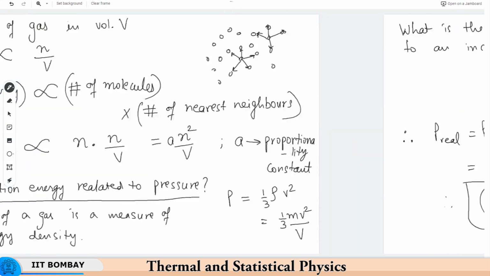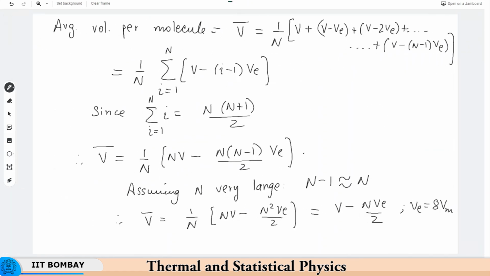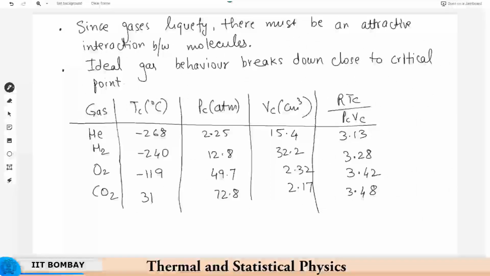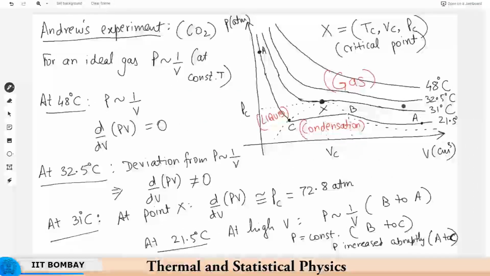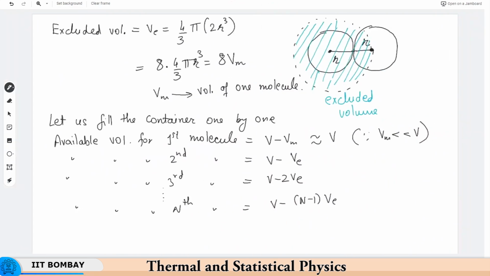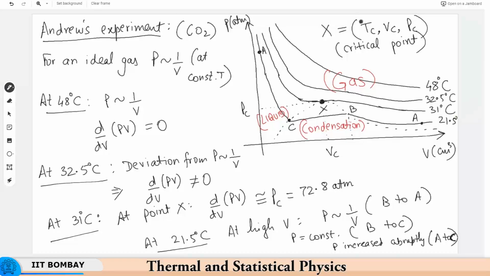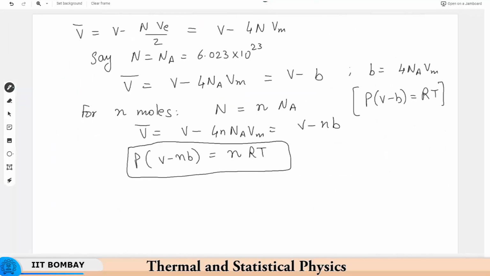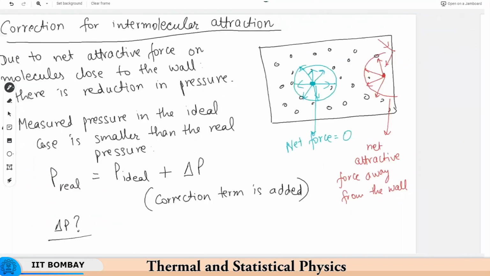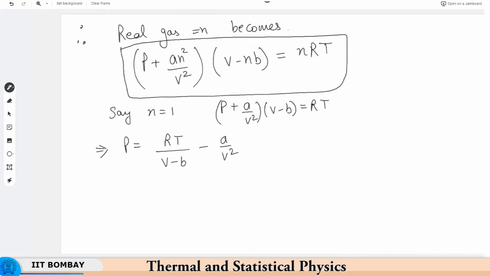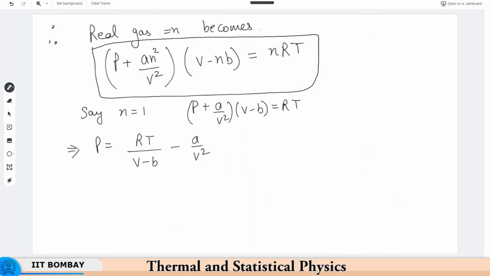So basically where we are getting to is we are trying to understand Andrews' experiment. After making all those corrections, can we try to explain this experimental result? Since in experiments he measured pressure as a function of volume at a certain temperature, and this is what we got in the real gas equation, let's see how these two compare with each other.